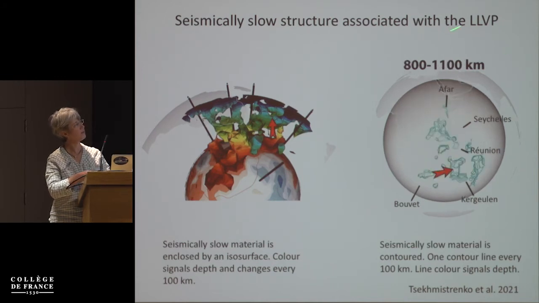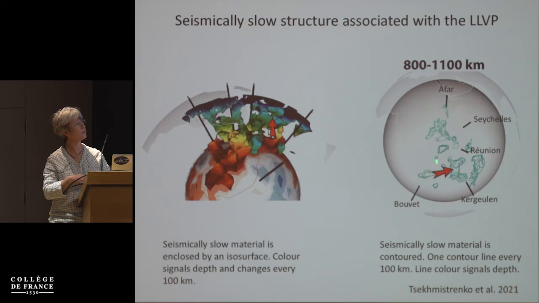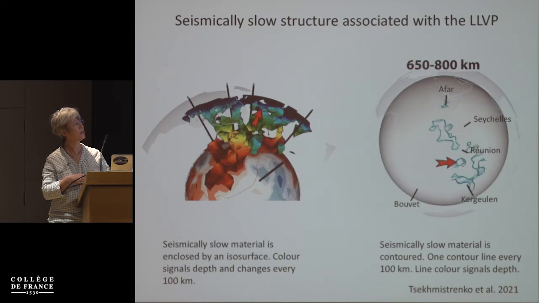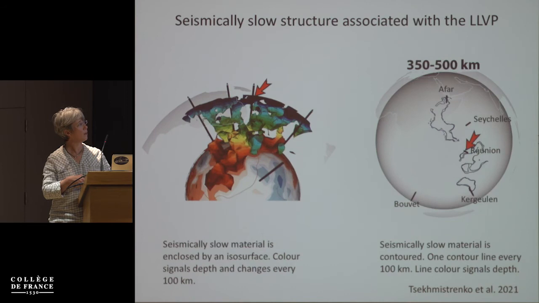At these steps, now we're at 1,000 kilometers, which has been talked about quite a bit, and the structure becomes significantly more complicated. But it still diverges outwards from this center, so there's no structure here anymore in the center, and this is the shallowest I'm going to show. We're still going towards Afar, and it's getting more complex. Oh no, there's one more. Okay, so here we go: East African Rift, Réunion area, also something going towards Kerguelen.